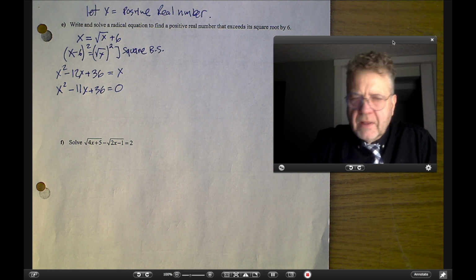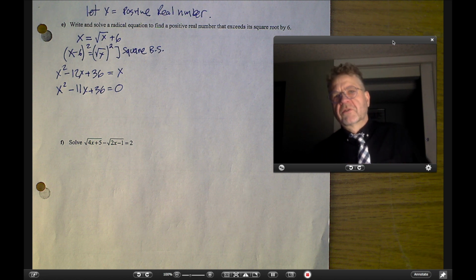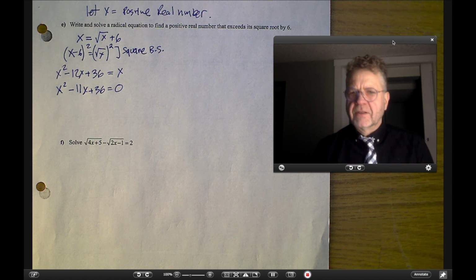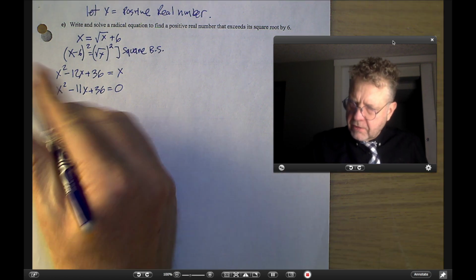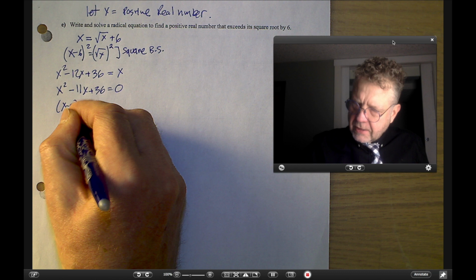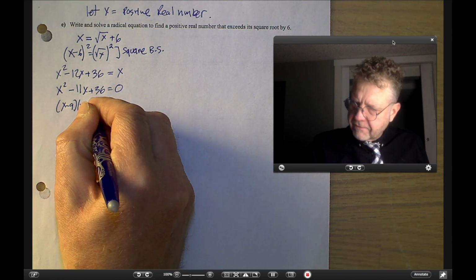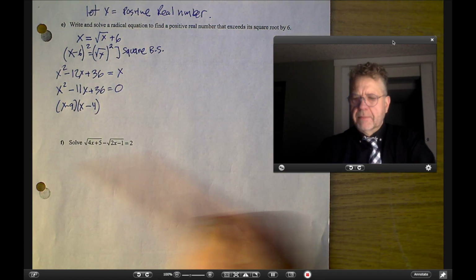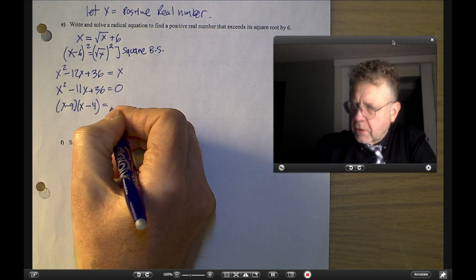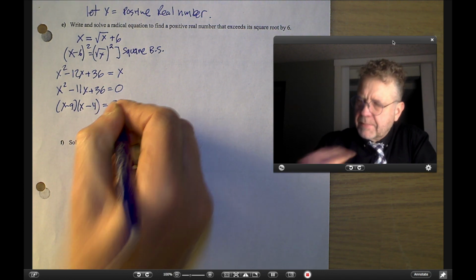And so at this point in your careers, because we've worked so much on quadratics, you should be able to look at that and fairly easily determine that the roots have something to do with 9 and 4, like that. Because x minus 9 times x minus 4 is going to be equal to 0.